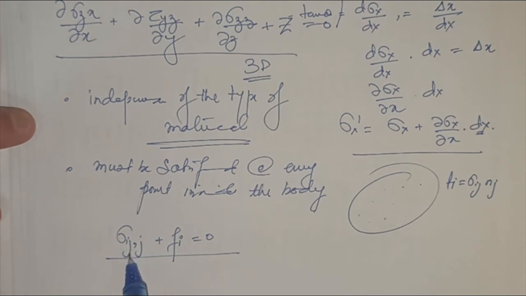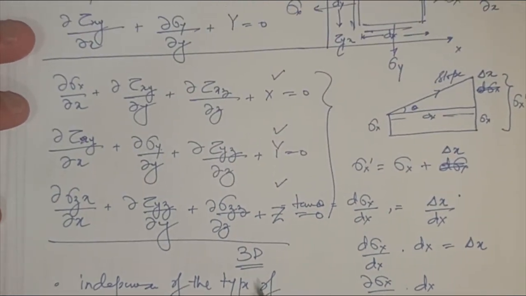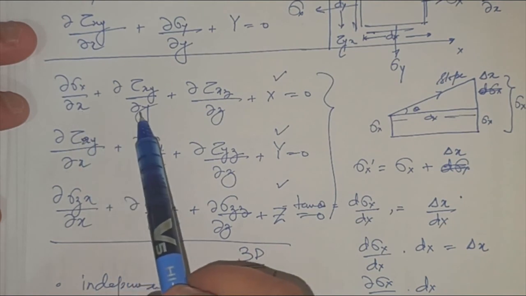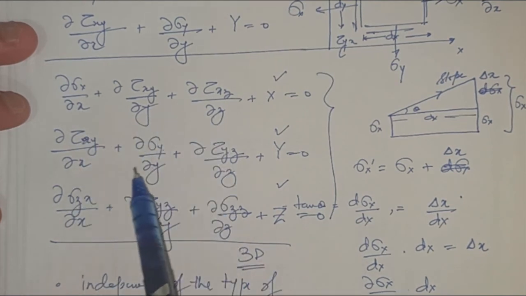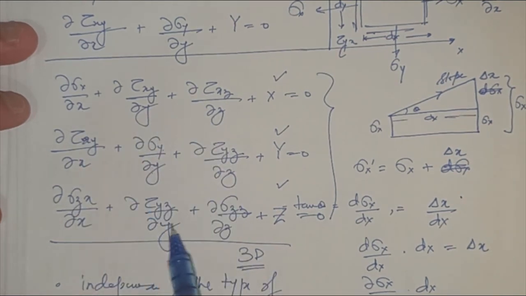Comma here means a derivative. If I have written a comma, that means a derivative. So this becomes del sigma ij by del j. So the first index is the component. What is the second index? It's very easy. Just check it here. The second index is your direction, x, y and z, x, y and z, x, y and z.